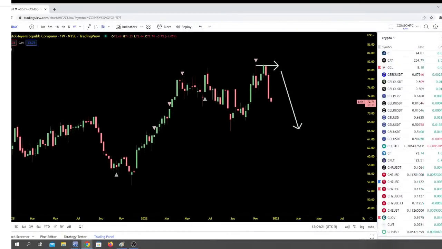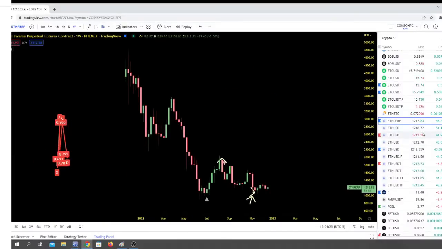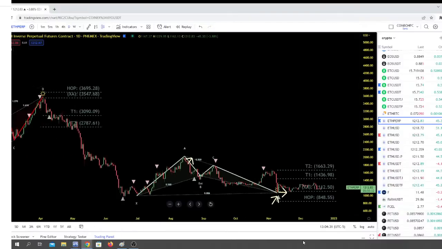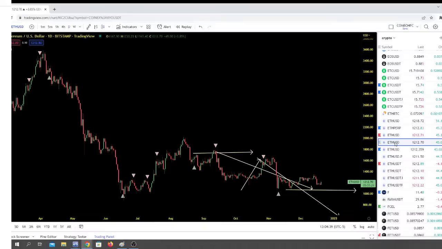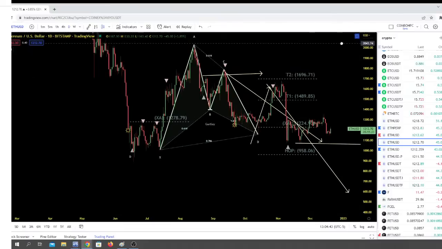Number one, Ethereum. Okay, trying to hold 1225 is just, good luck. Again, we've been going with the fact that it's a Gartley pattern. There it is. Here's the Gartley, and continue to do so.